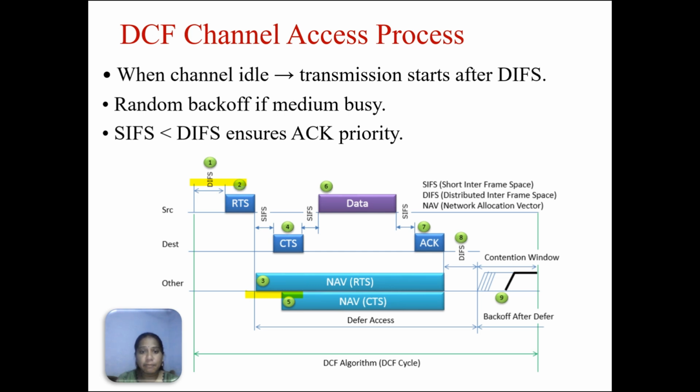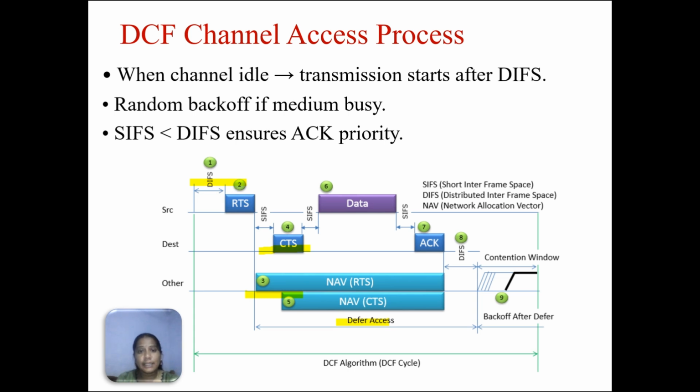And in step 4, the destination device sends a CTS to the source device after a waiting period of SIFS. Once the source device receives the CTS from the destination device, the other network devices present in the network will also defer their transmission by using the CTS message.